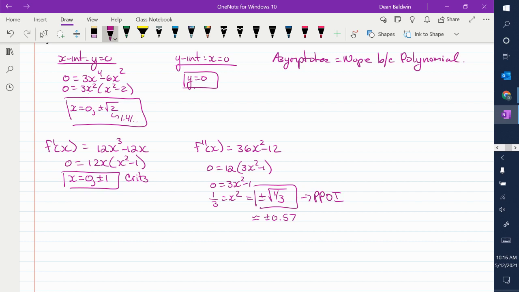Is everybody okay with where we got to right there? Everybody understands the derivatives, what I did to solve to get the critical numbers and PPOIs?